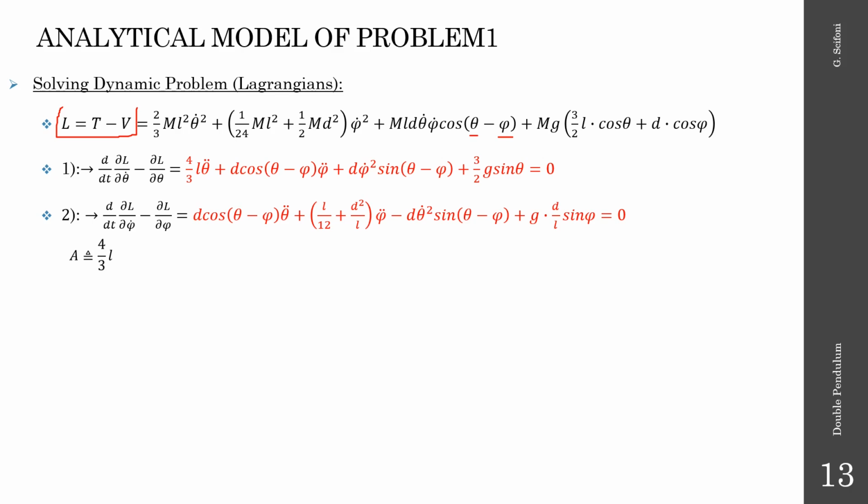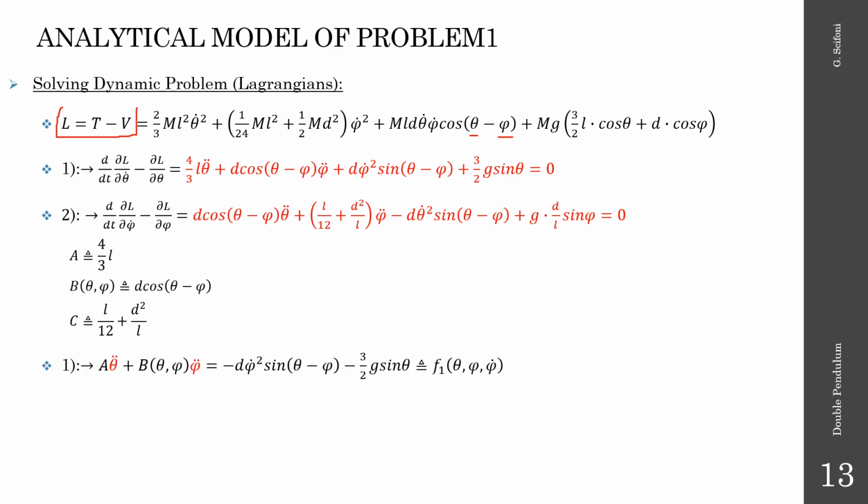If we call capital A 4/3 of L, capital B d into cosine theta minus phi, and C L over 12 plus d square over L, then we can simplify the equations above in a way to put the second time derivatives of theta and phi on the left side.